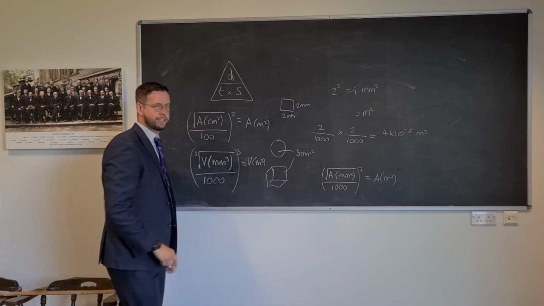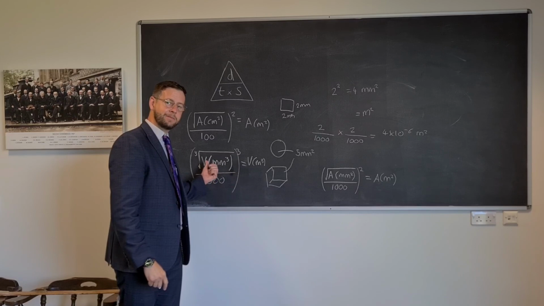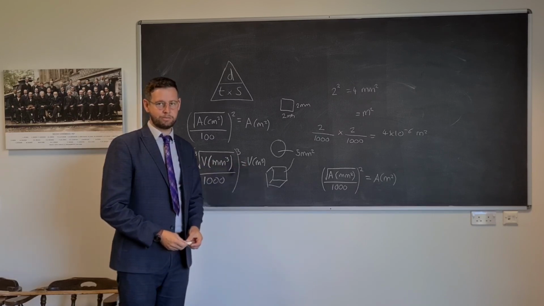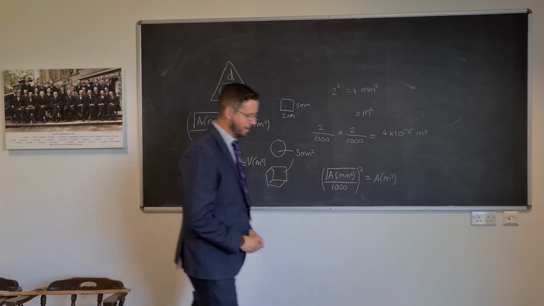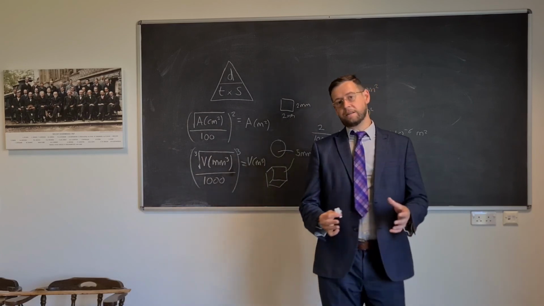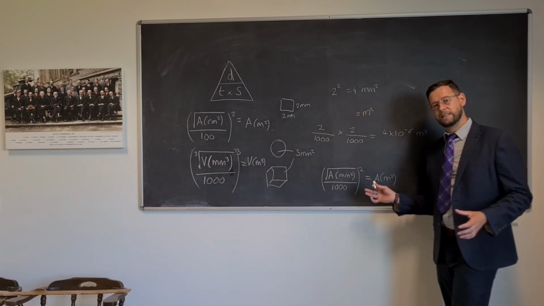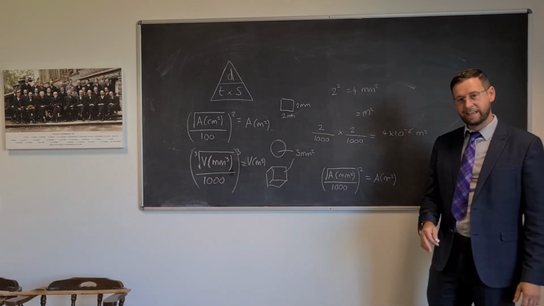And divide by 100 to get it from centimeters cubed back to meters cubed. So here, what we have is we have developed a conceptual understanding of what the conversion is doing.